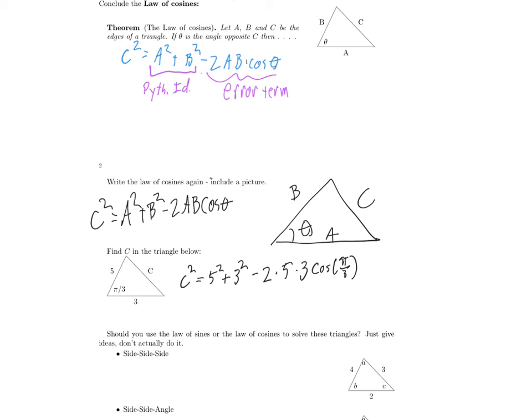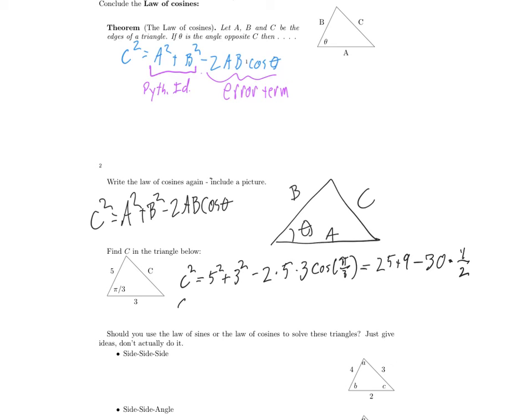Alright, so on the one hand there's an answer, but I know what all of those things are, so I should simplify. See, 5 squared is 25, plus 3 squared is 9, minus 2 times 5 is 10, times 3 is 30, times, what's the cosine of pi over 3? Grab your unit circle, open it up, that's 1/2.